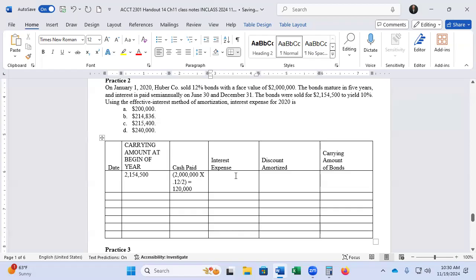Our interest expense: 2,154,500 multiplied by 0.1, because it's a 10% yield, and we have to divide that by 2.